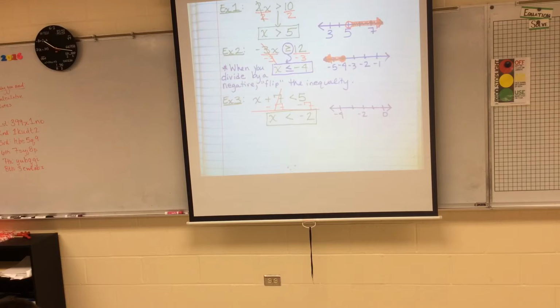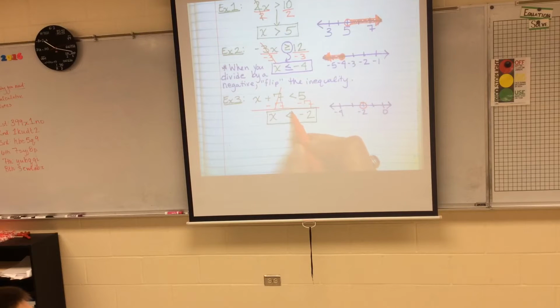All right, so at -2, will I have an open circle or closed circle? Open. Beautiful. So I'm going to have an open circle. And I'm going to graph to the left or to the right? Well, is this less than or greater than?